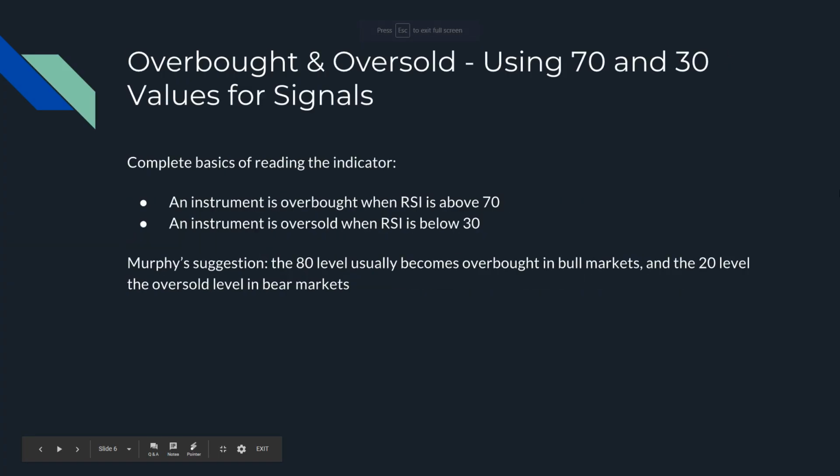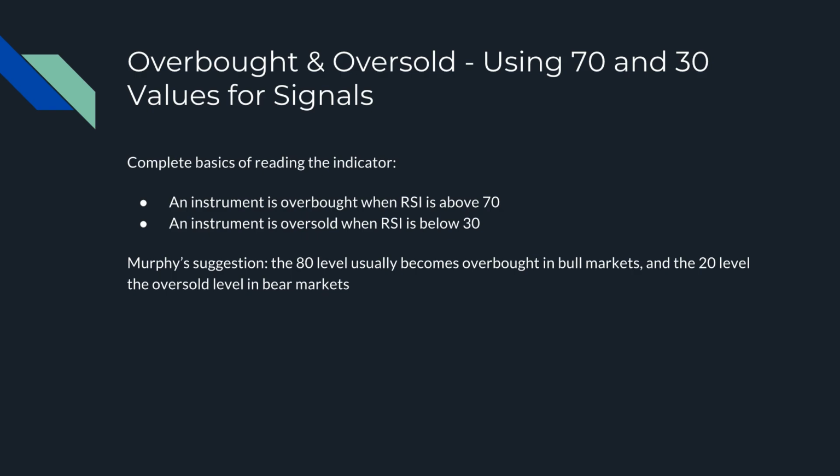So the most basic fundamental thing about RSI, and where unfortunately a lot of the analysis stops, is the 70 and 30 lines, which indicate whether an instrument is overbought or oversold. An instrument is overbought when the RSI level is above 70, and oversold when the RSI level is below 30.